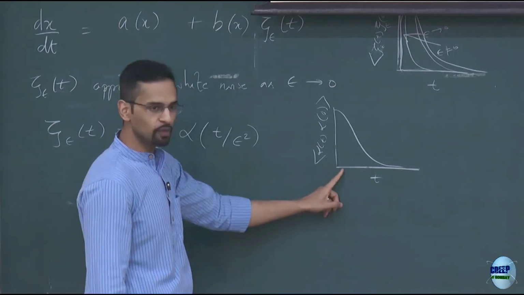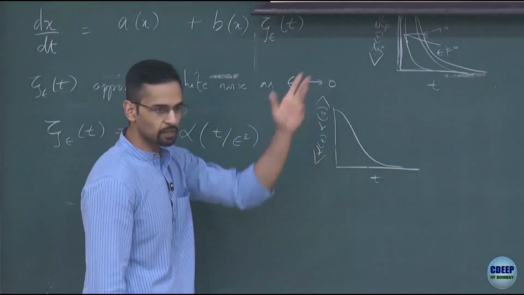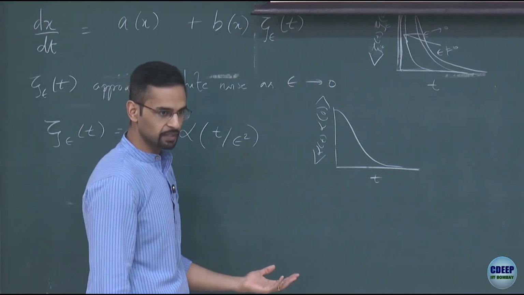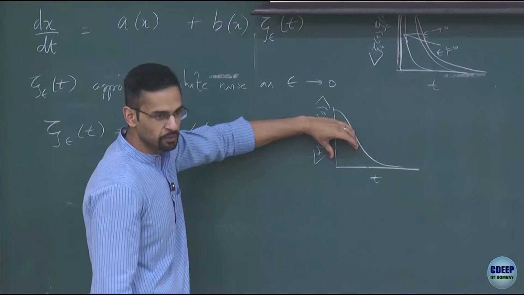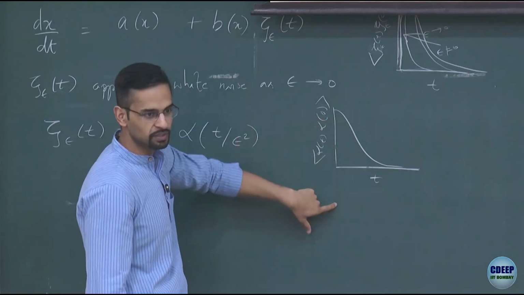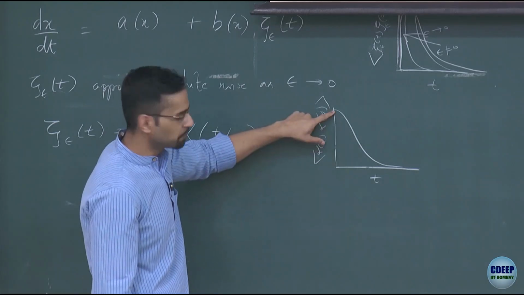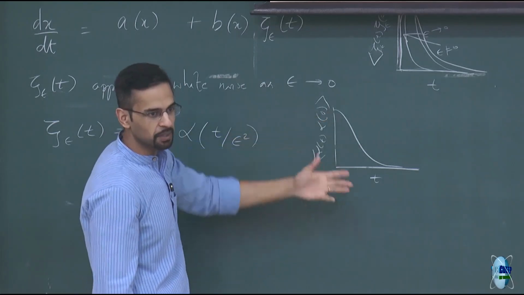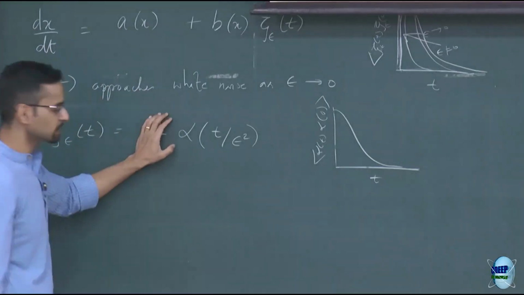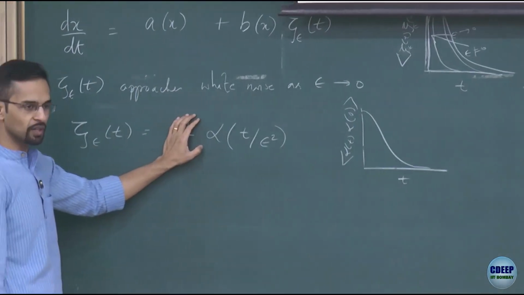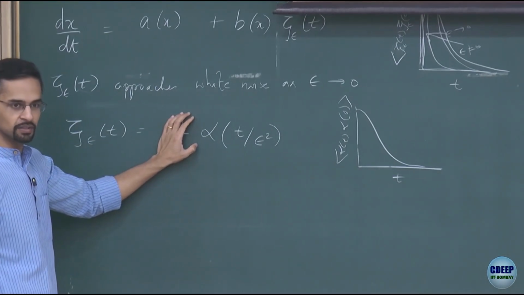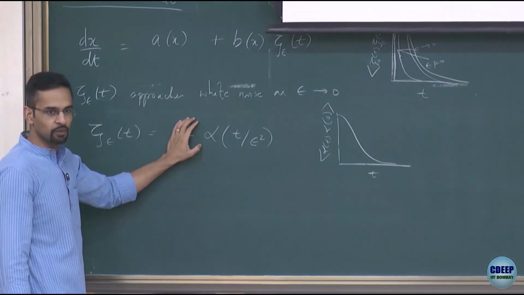So any finite value of t as epsilon goes to 0 will be sent off to infinity. So this entire function, which will be non-zero, will shrink closer and closer towards the origin. But if this peak is kept the same, it will just become 0. So if I just write it like this, as epsilon goes to 0, I'm just going to have zeta being 0.